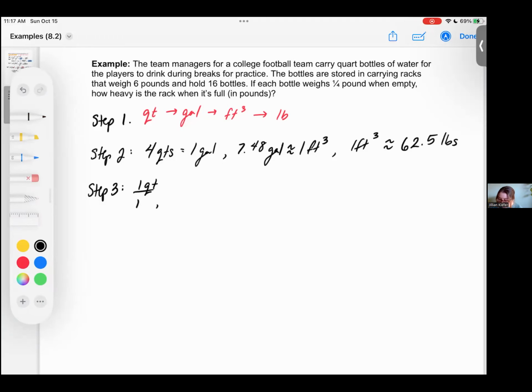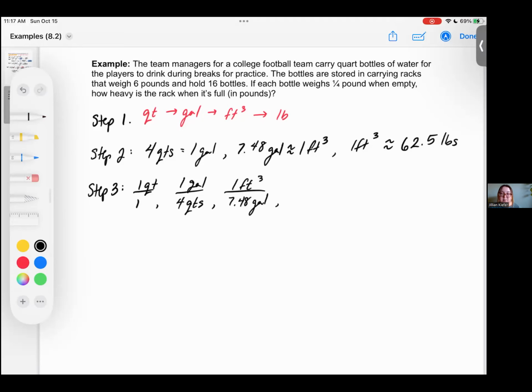So our next ratio will be 1 gallon over 4 quarts. The same units should be diagonal from each other. Now for gallons, we have 7.48 gallons for 1 foot cubed. Same thing, gallon unit needs to be in the denominator. They need to be able to cancel. So we'll get 1 foot cubed over 7.48 gallons.